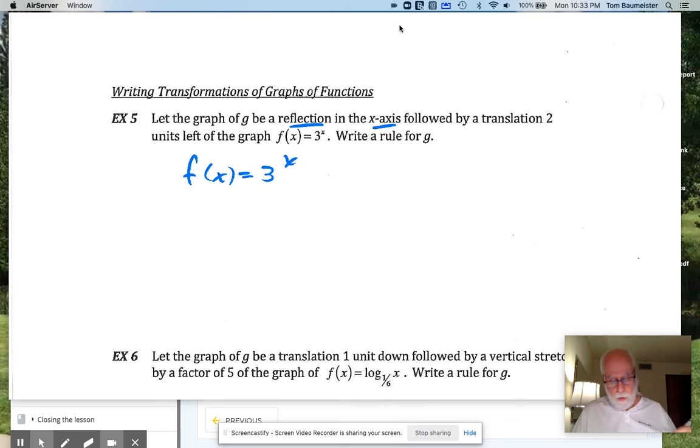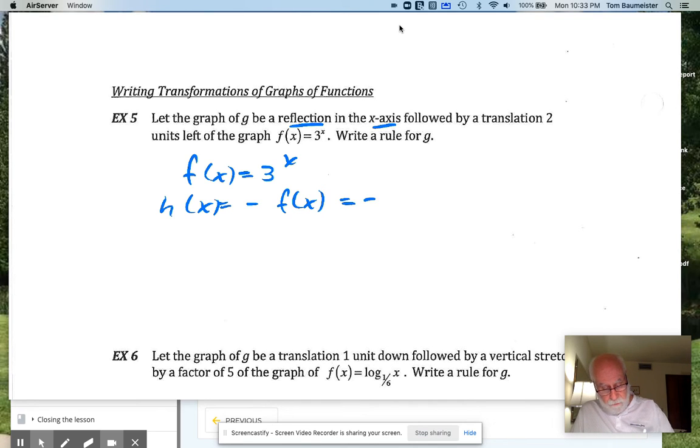All right. When the reflection is in the x-axis, remember we can write h of x is equal to negative f of x, which in this case would just be -3 raised to the x power.